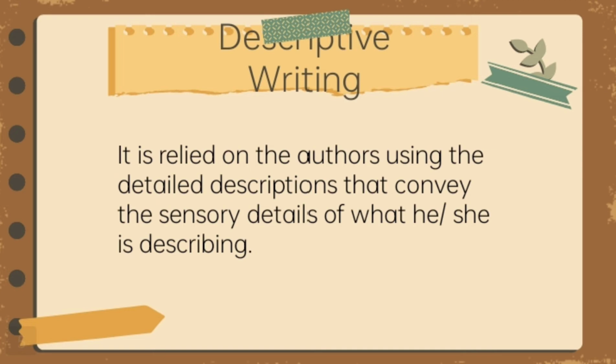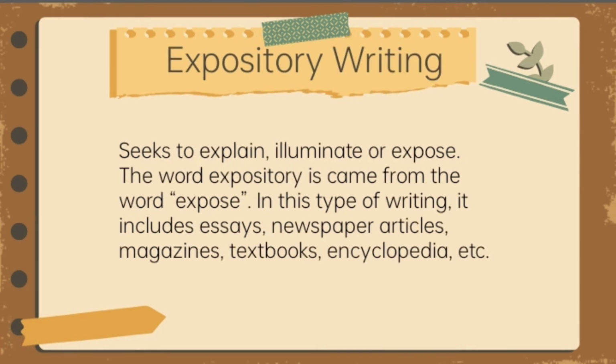Descriptive writing helps readers visualize things, places, persons, or any situation being described. It helps the reader understand the text better and recognize the author's intention more clearly. And that is the meaning of descriptive writing.